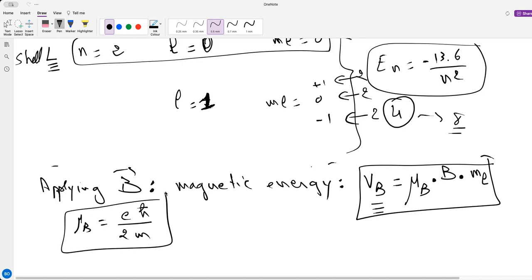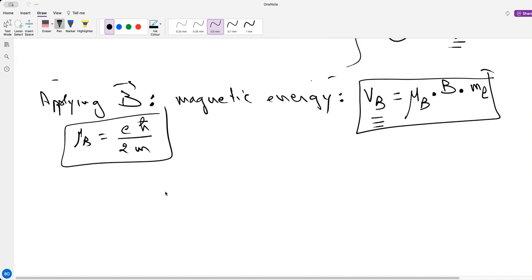Now, what happens here? Let's do the following. I have n equal 1. Please follow this, because this is very important. We did not have time to cover it in detail in class, but I'm covering it here in detail. N equal 1, L equals 0, ML equals 0, and MS equal plus minus 1/2.